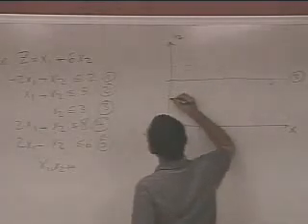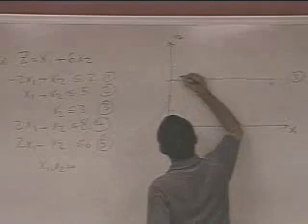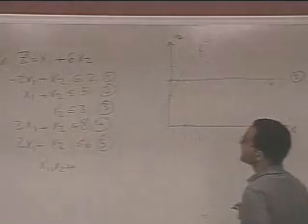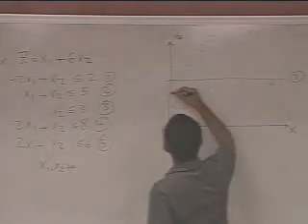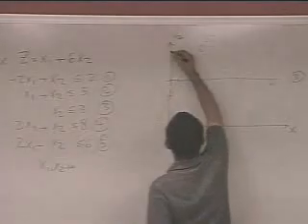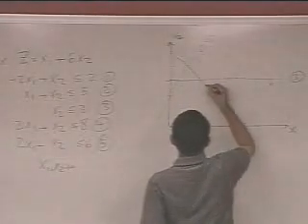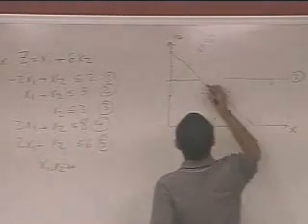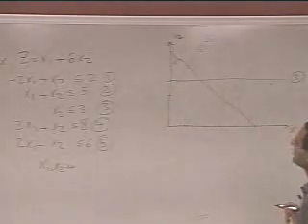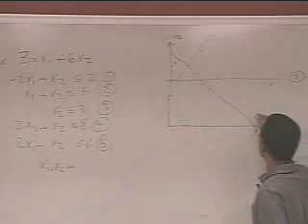So this would be my first constraint. And I want it this way. Then x1 plus x2 is equal to 5. 1, 2, 3, 4, 5. Okay, my lines are not very correct, but still. So this is the second constraint.